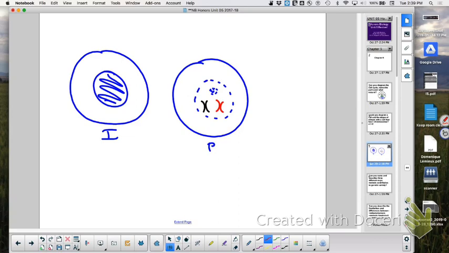How many chromosomes are in this cell? 2. So I would say my 2n number equals what? 2. Just as a review, this could have originally come from sperm, and that originally could have come from an egg, right? To form a diploid zygote. You all right with that? Okay. That's not part of prophase. That was just to make sure you understood everything.